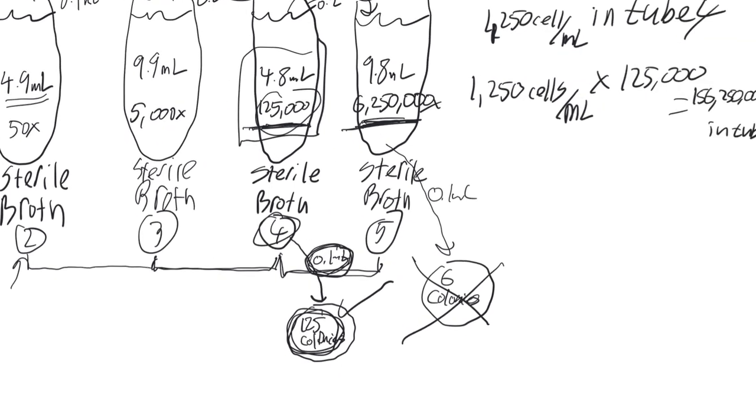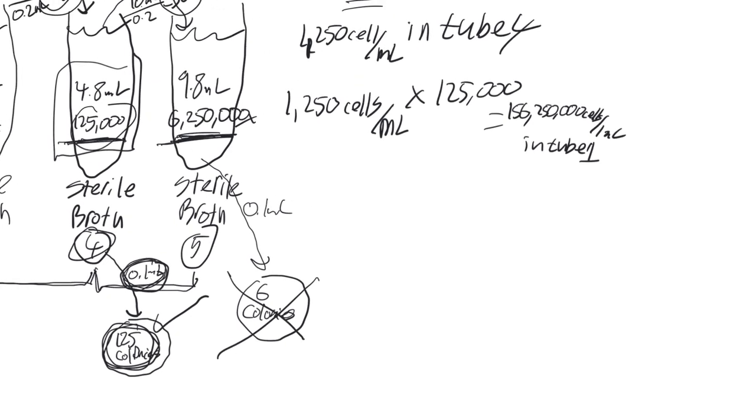So the last thing I need to know is how many total cells there are. All right, well, if I take 156,250,000 cells per 1 milliliter and multiply that by 5 milliliters, that's going to give me the total.